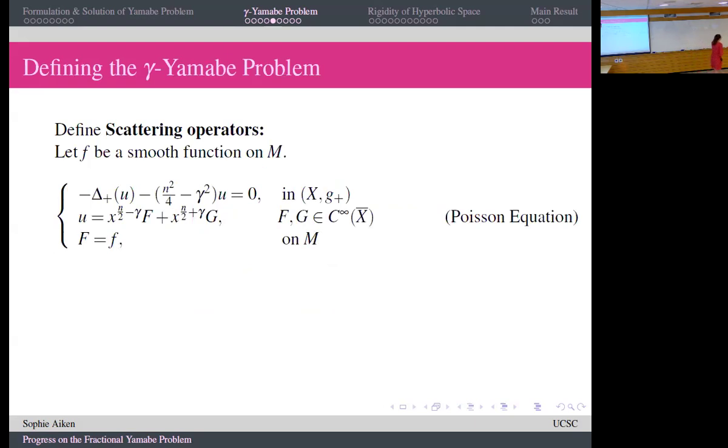And so now we can consider any smooth function f on my boundary, little f, and define this Poisson equation. So I have the negative Laplacian just with respect to the g plus metric on the interior, and this boundary condition that capital F equals our given little f, and this capital F is showing up in the expansion of our solution u. And we need the geodesic defining function for the expansion of that solution.